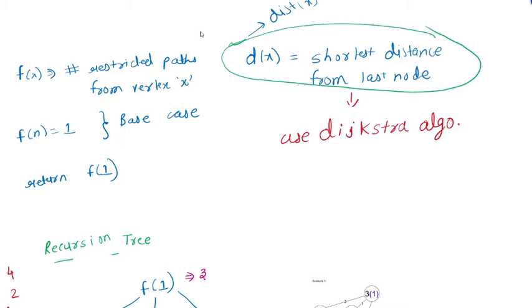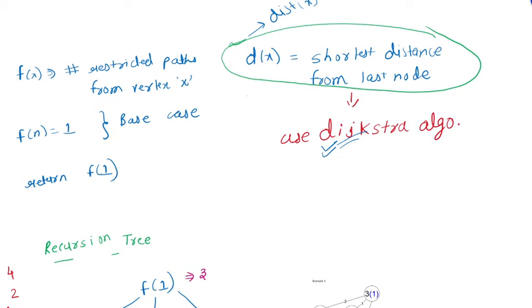We will use Dijkstra's algorithm to find it. Before going into the explanation of the solution, just check out Dijkstra's algorithm. Once you check it out, calculate the d's, that is d of 1, d of 2, up to d of n. Once you have this, let us go back to the solution. Let me erase all the extra stuff.